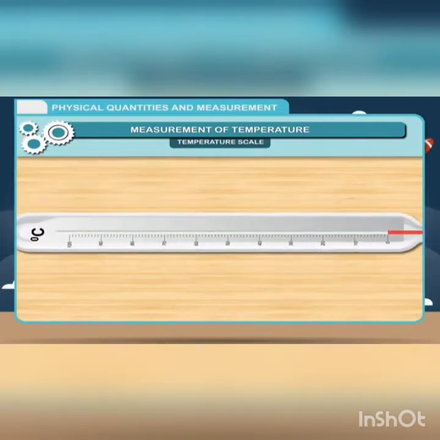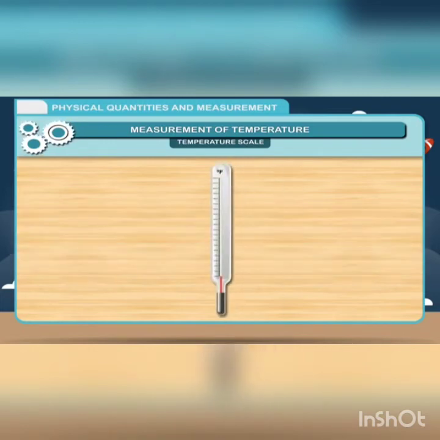The lower fixed point of the scale, ice point, is 0 degrees Celsius and the upper fixed point, steam point, is 100 degrees Celsius. The interval between the lower fixed point and upper fixed point is divided into 100 equal parts. The value of each division is 1 degree Celsius.